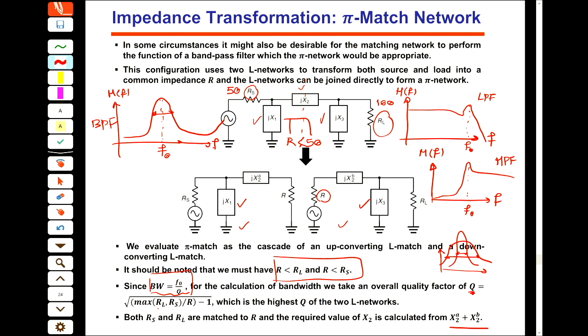Are you following me? Yeah. So we just need to choose only one, RL or the higher one? Yes, you have to select the highest of RL or RS, equalize this to the Q factor, and then find the value for R. Any value of R less than that is working.